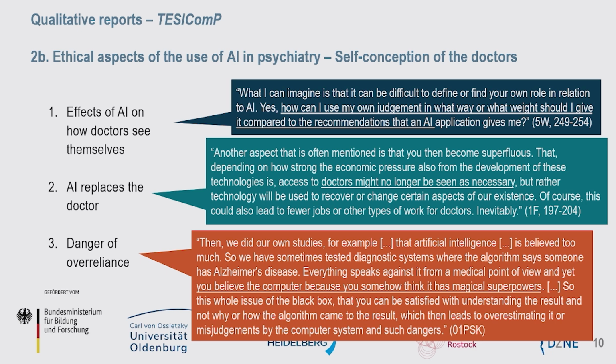The second aspect I would like to mention is the last point here. If you have an AI tool and it tells you, oh, you have Alzheimer's disease, and there are no effects in the image you would assess as a medical doctor, then whom do you believe, your own opinion or the AI tool? Many people said that sometimes people are uncertain, they think they missed something, so they still believe what the AI tells them, because they think it might have some superpower, or things to consider which they're not aware of, so it might be right.